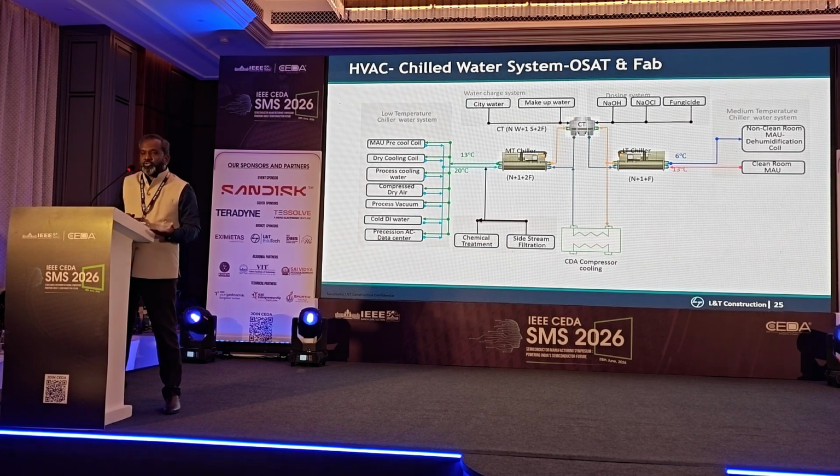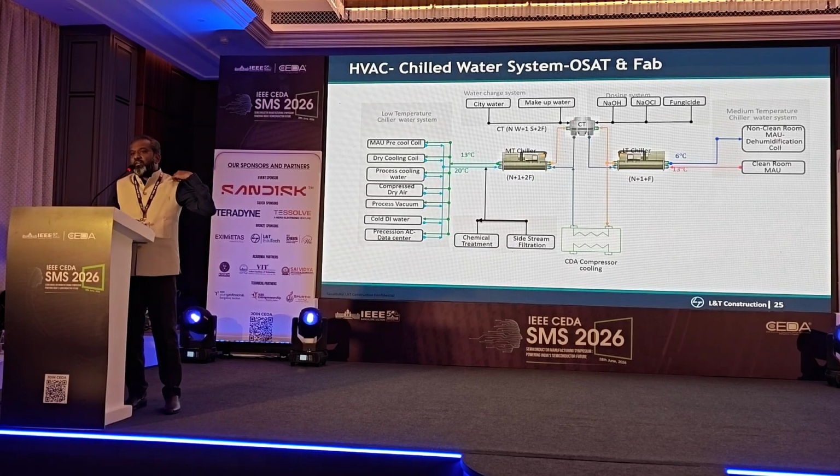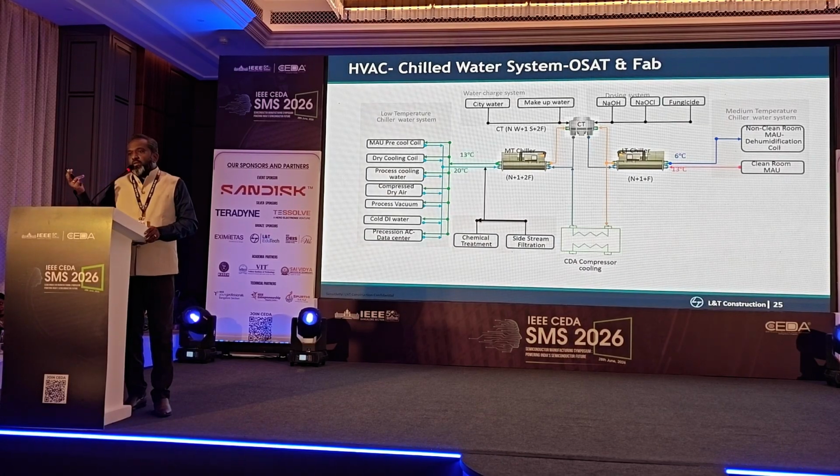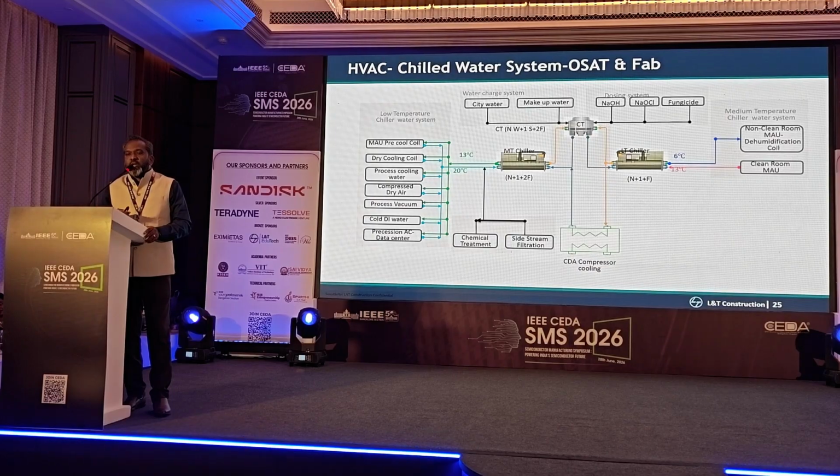And of course, we would have a cooling tower for these chillers, and a lot of water is going to be used, so recycled water and of course fresh water will also be used. As in any cooling tower, we would have a chemical dosing system to avoid any algae formation or bacterial build-up in the cooling water.